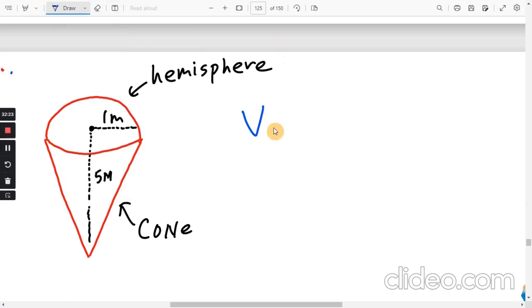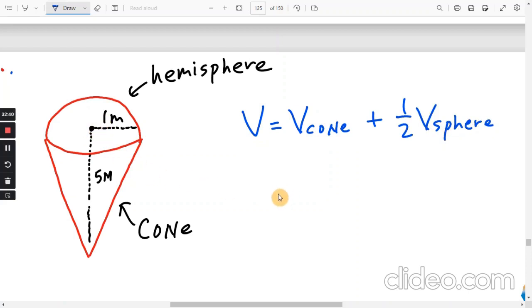The volume is going to be the volume of the cone plus 1/2 the volume of a sphere, because this is a hemisphere. Okay, and unlike the last problem, there's no space here. This is added onto the top.